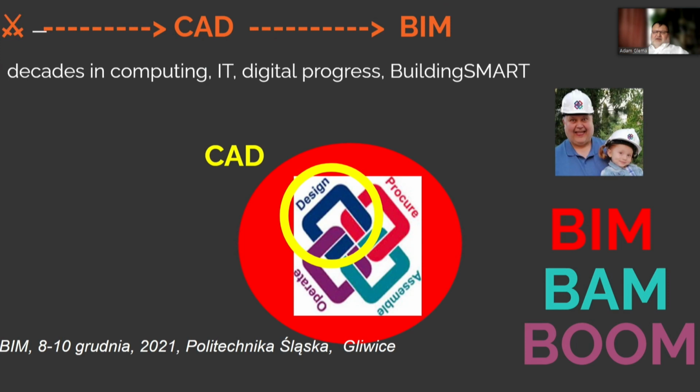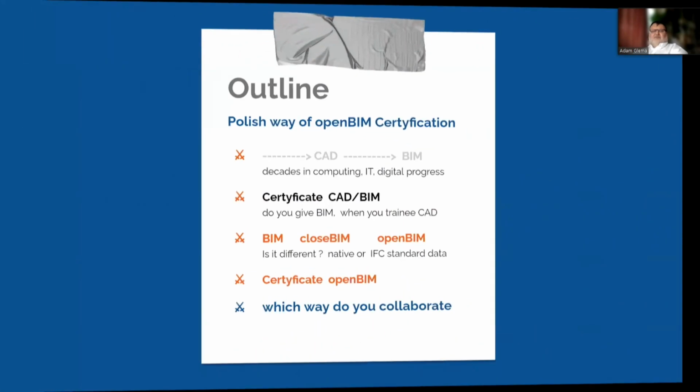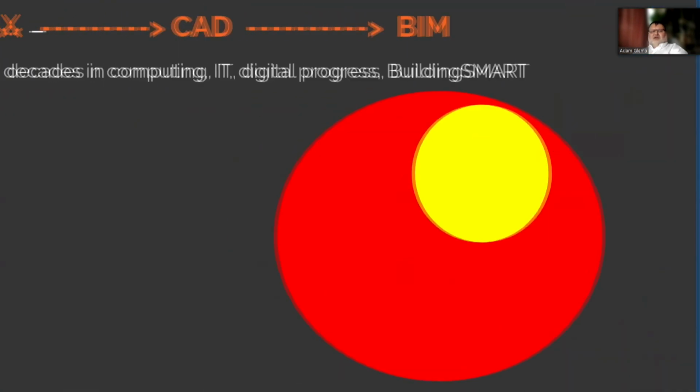So the further we go, the more important it is in the life cycle. So here, perhaps a reference to the fact that we have BIM, BAM, BOOM, as the head of Building Smart often presents in his interesting lectures. So A means assemble, O operation, and that creates a certain whole lot.